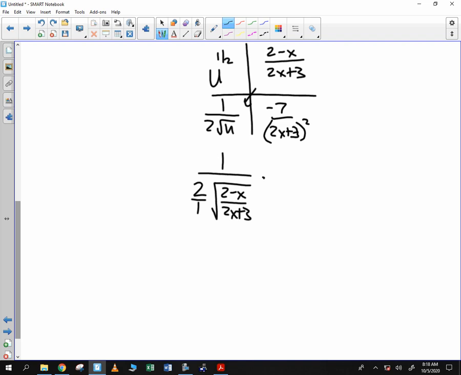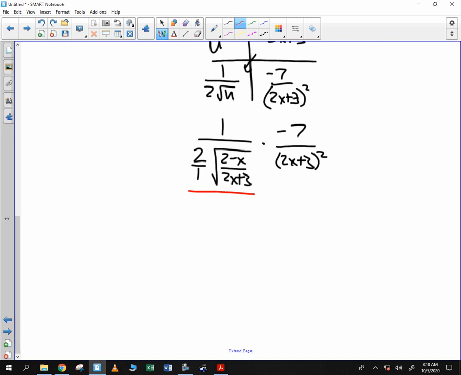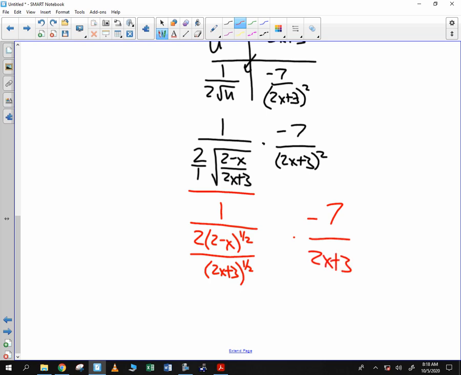You're multiplying that by -7 over parentheses 2x plus 3 quantity squared. What I would like to do is deal with this complex fraction first before I deal with anything else. And so I have 1 over, I'm going to write this as 2 times 2 minus x to the 1/2 over 2x plus 3 to the 1/2, times then that -7 over 2x plus 3 quantity squared.